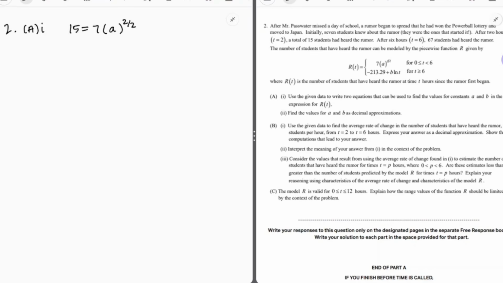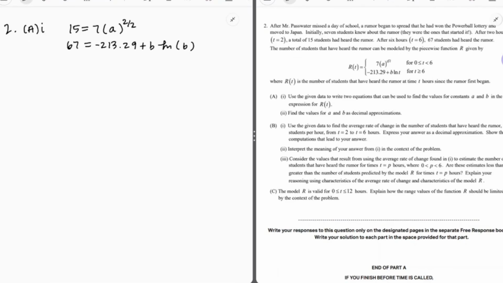And then the other thing we know is after 6 hours, 67 had heard it. So 67 equals, and 6 is where t is greater than or equal to 6, so I have to use negative 213.29 plus b natural log of, in this case, 6. Okay, so we're going to be able to figure that out. I think we're just going to have to actually do the algebra, though.